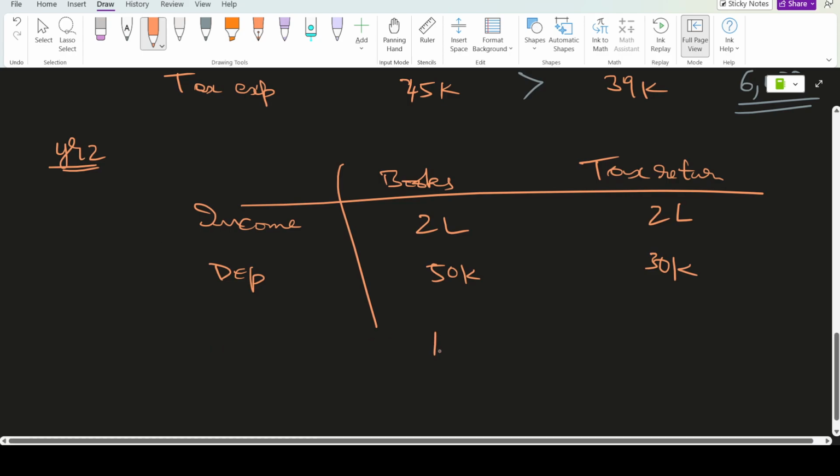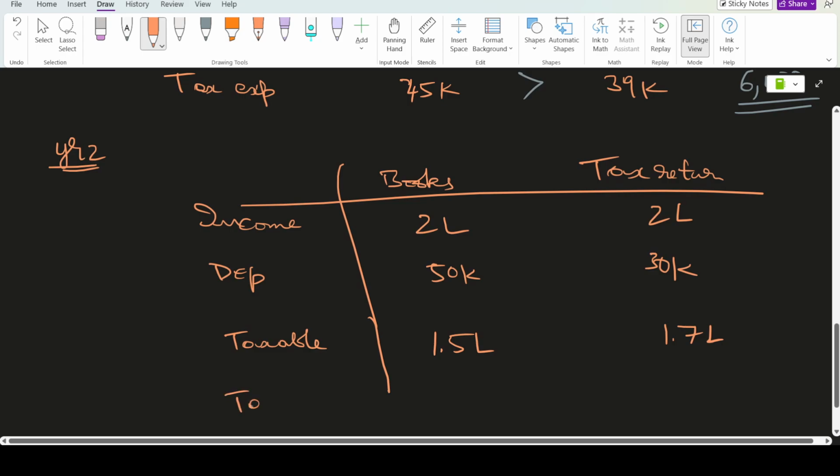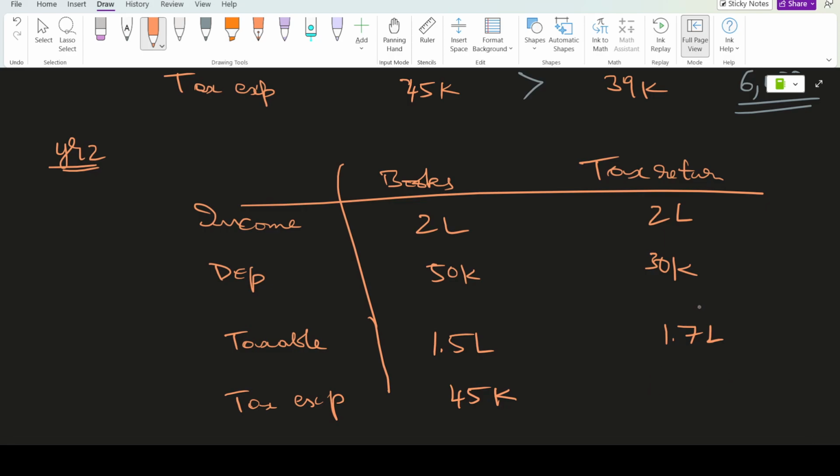Pre-tax income comes to 1.5 lakh in the second year, and here it is 1.7 lakh. So the tax expense is 45,000, but here 30% of 1.7 lakh is 51,000, and now we have created a difference of minus 6,000.